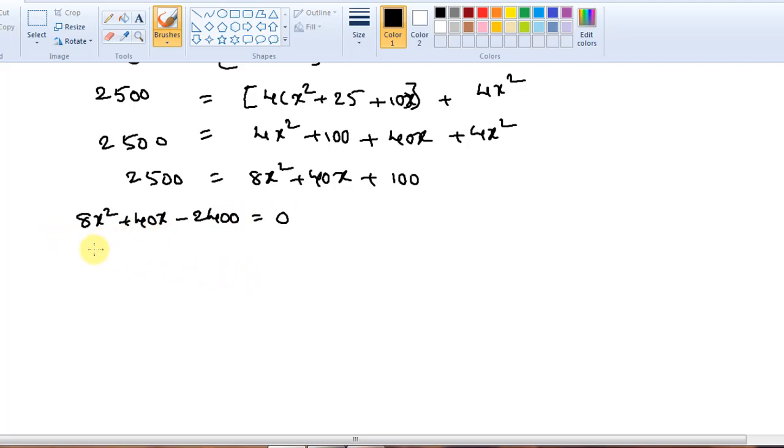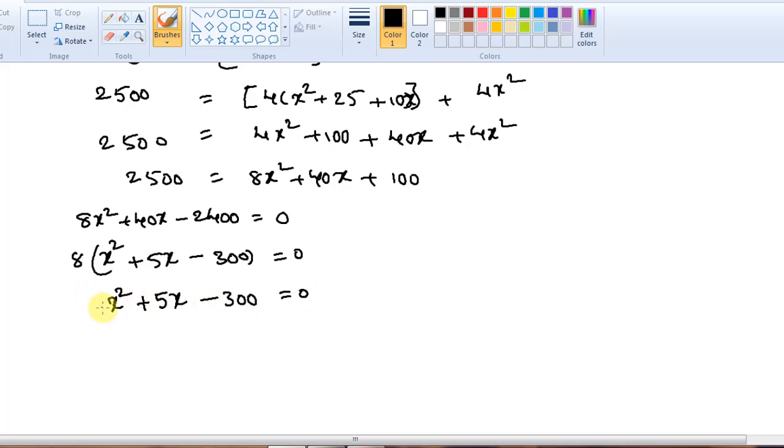Then I am taking 8 as common. This can be written as 8 of x square plus 5x minus 300 is equal to 0. Then after sending this 8 to the other side of the equation, it becomes 0 by 8, which is 0, so that you get a quadratic equation as x square plus 5x minus 300 is equal to 0.